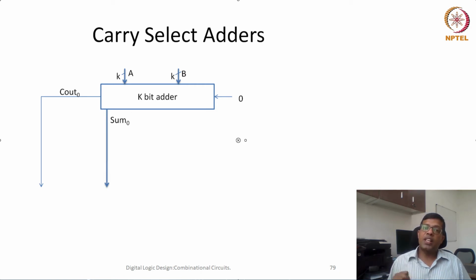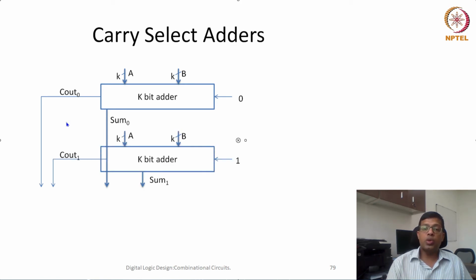So what carry select adder does is, instead of knowing the carry value, it assumes. It computes the sum assuming that carry is 0. So this is a k-bit adder where A is of size k, B is also of size k, and sum 0 is produced assuming that the input carry is 0, and similarly C out 0 is produced.